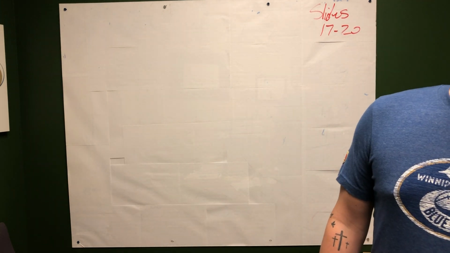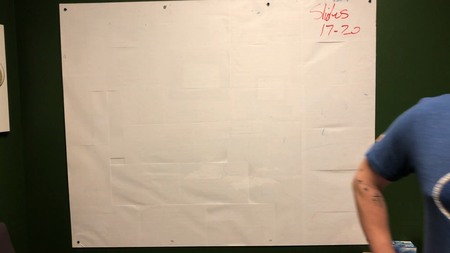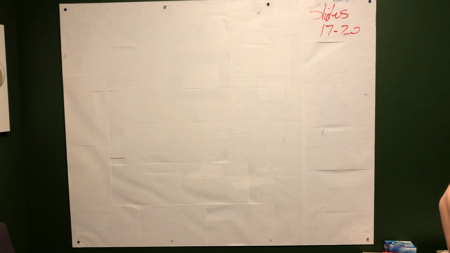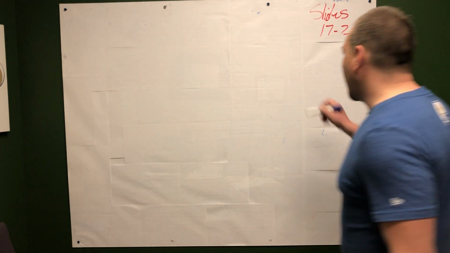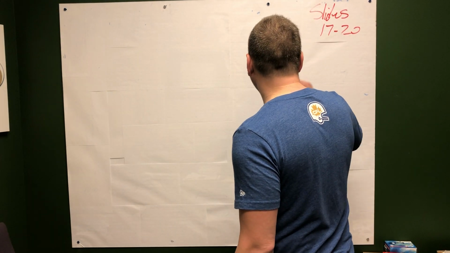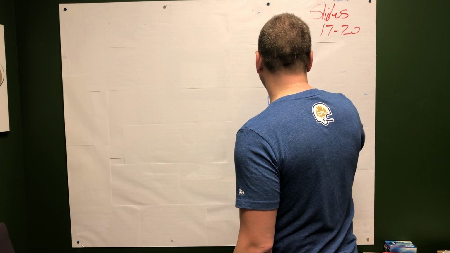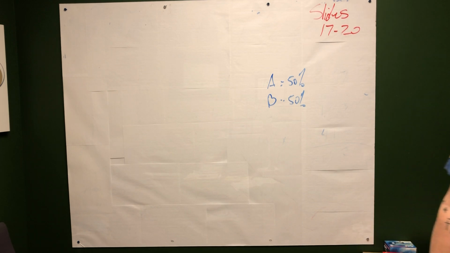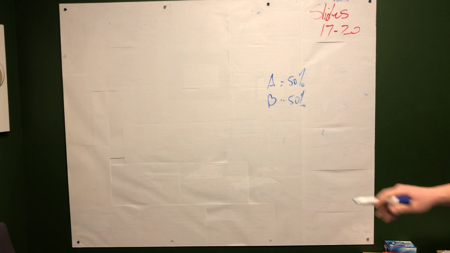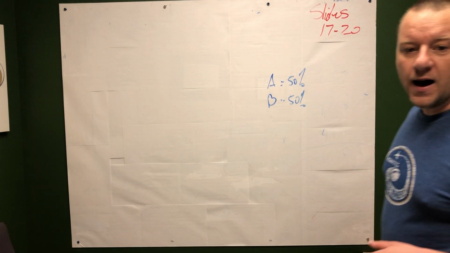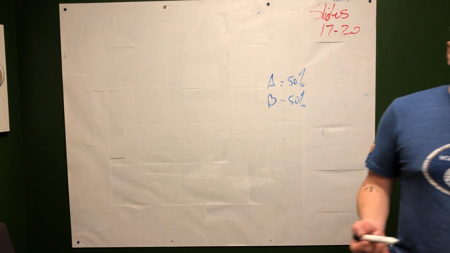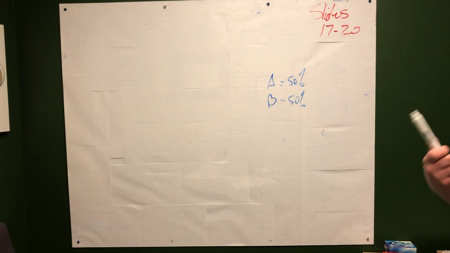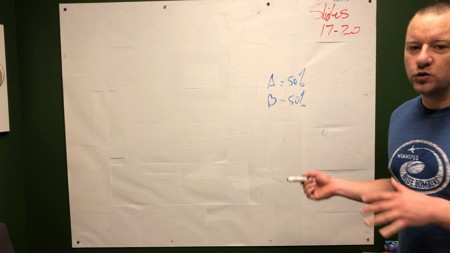It says, if two or more classes share dividends equally, so we have Class A and Class B, if they each get 50% of the dividend, then they share equally. Then all common shares are included in that denominator for the basic EPS calculation. That's what we're going to focus on if we have two classes of shares.